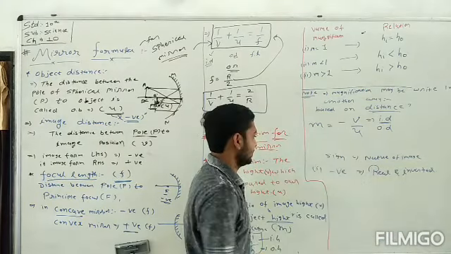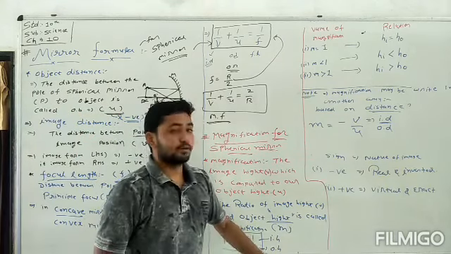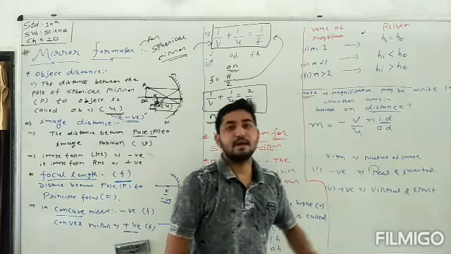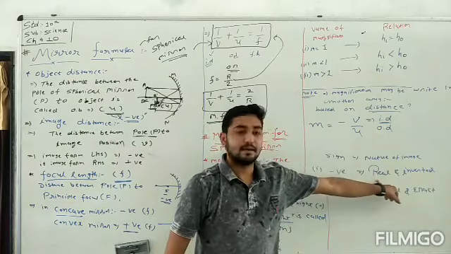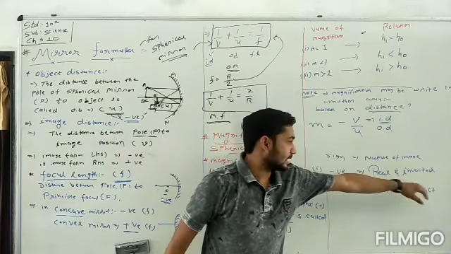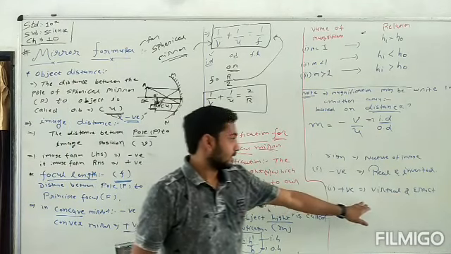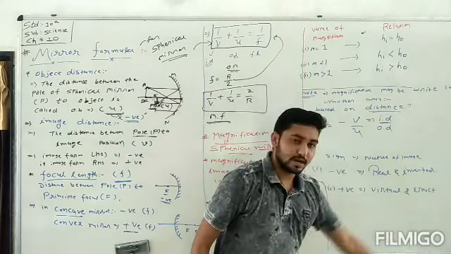But if your magnification answer is positive, the image will be virtual and erect. So magnification is helpful for finding the nature of the image. If magnification is negative, the image is real and inverted. If magnification is positive, the image is virtual and erect.